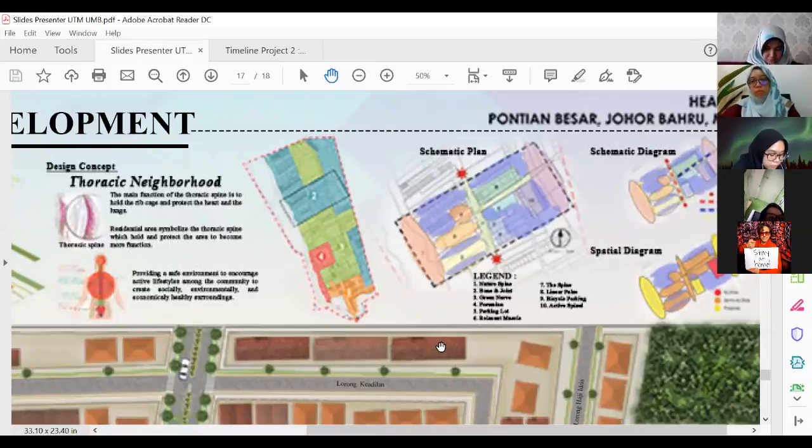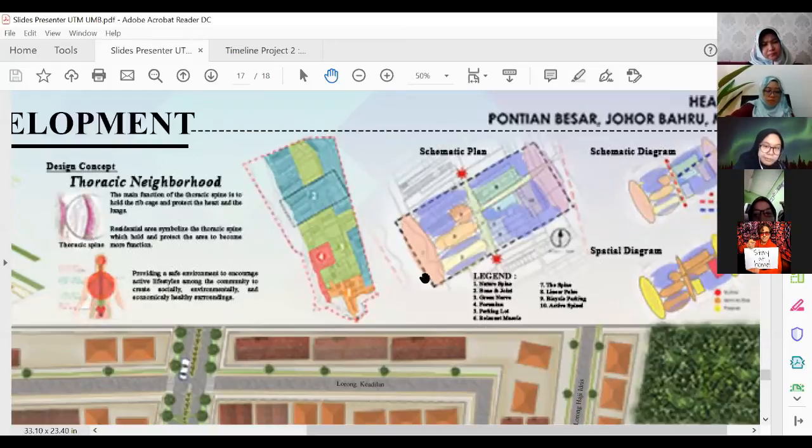In terms of the design, I use the touristic spine for the residential area, to hold and protect the area so it becomes more functional. From this design, I will provide a safe environment to encourage an active lifestyle among the community, to create socially, environmentally, and economically healthy surroundings.